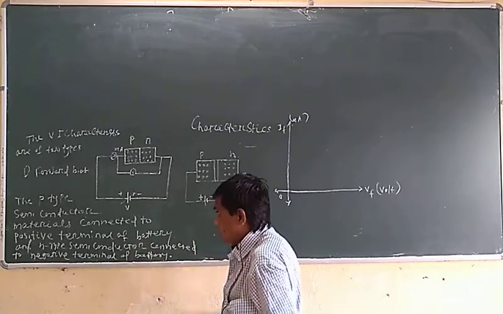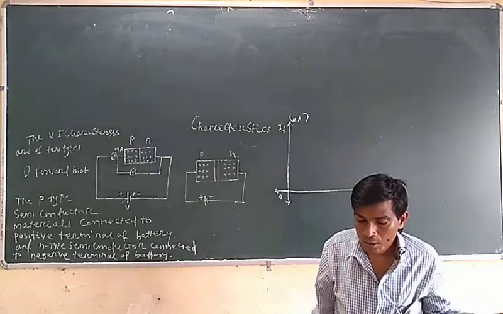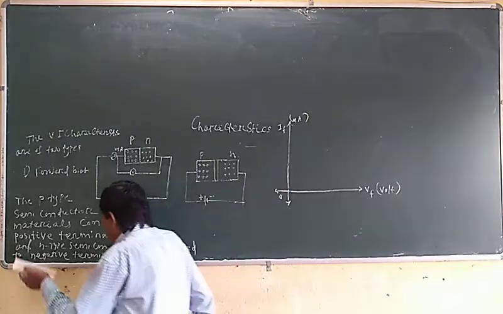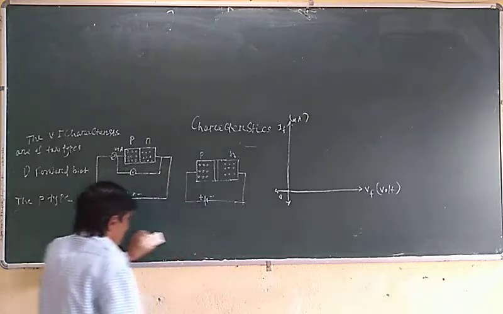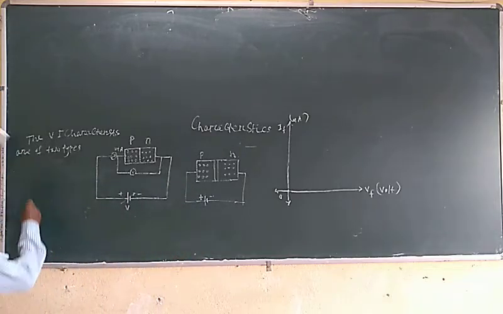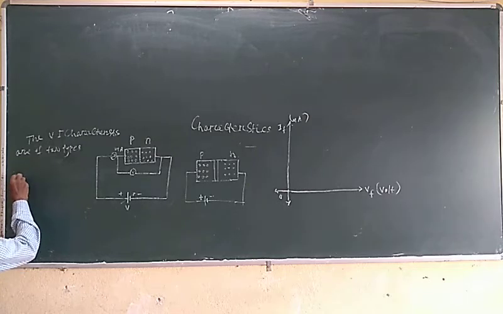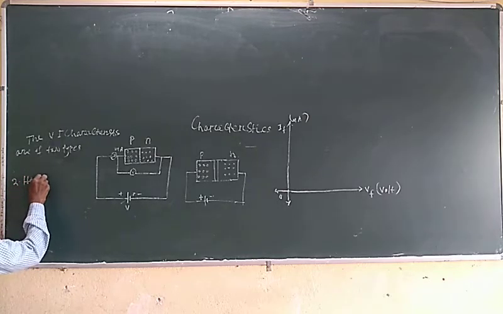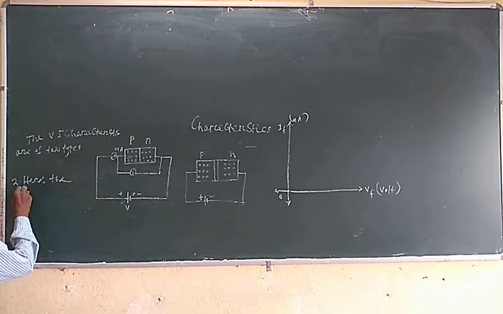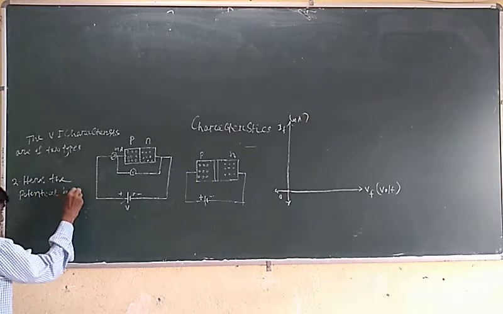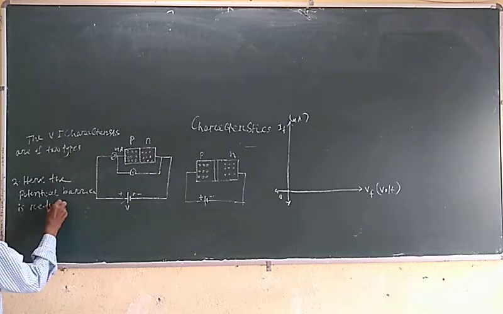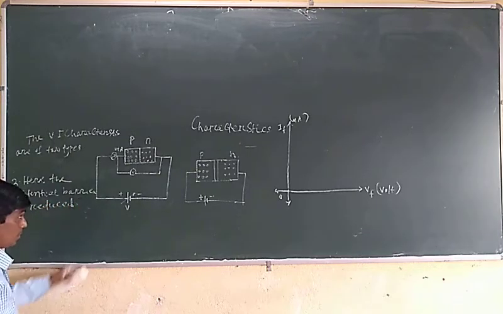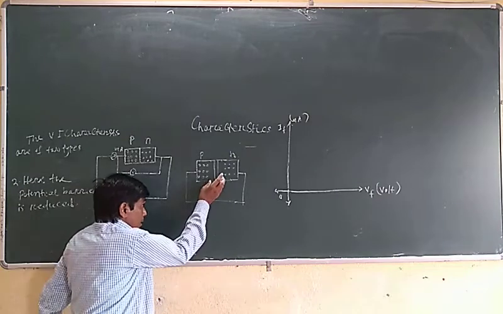Then we write a point. The depletion layer is reduced, the potential barrier will be reduced.